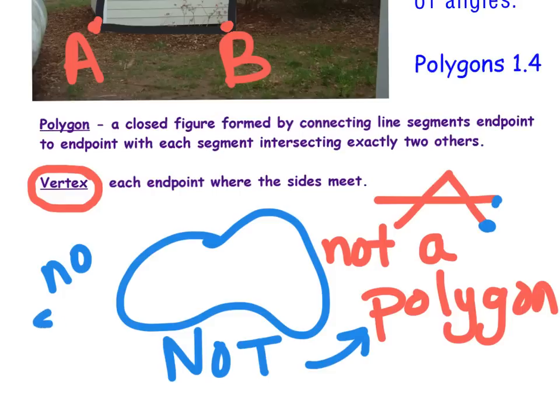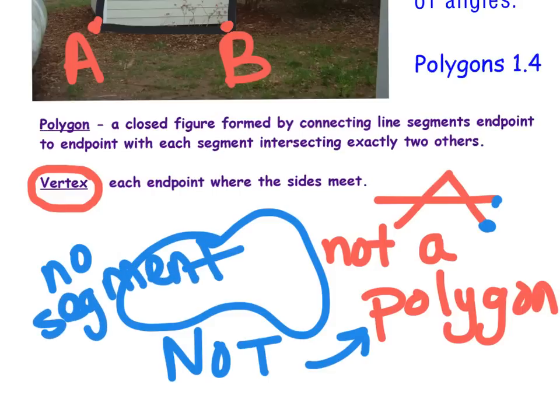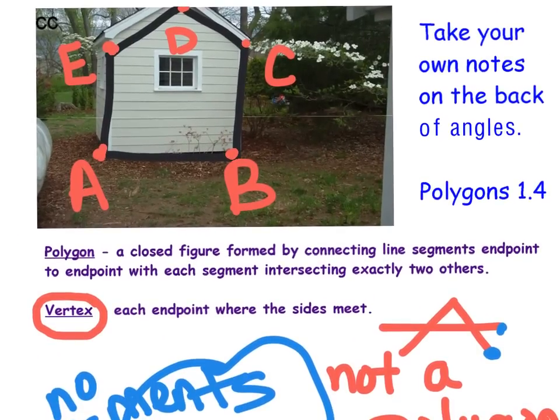There are no segments in this picture, so it can't be a polygon. So you have polygons and you have things that are not polygons. Today we are just going to focus on the lovely polygon. There's a couple of other terms that you need to know, and that's what we're going to talk about on the next page.